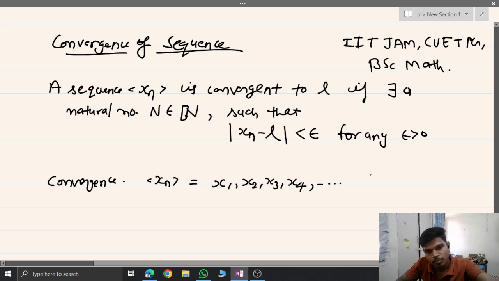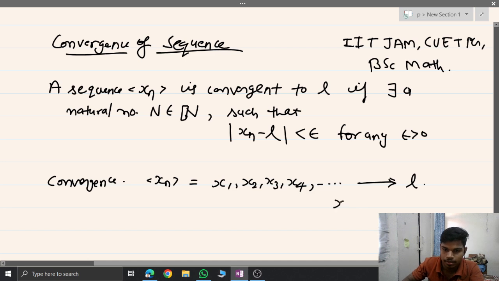And when you move to more terms, x100, x101, and so on, x1 lakh, and so on, your sequence is going towards a number, that is L. So we say this xn converges to L when n goes towards infinity, meaning you are going after more terms. This is the intuitive idea.